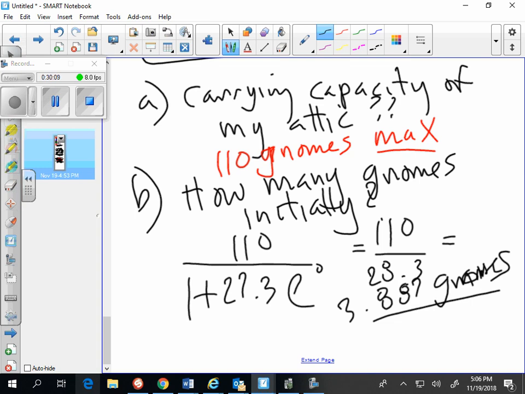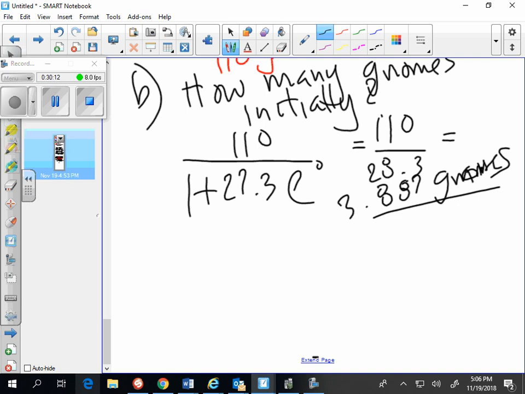Okay, and how about we find that inflection point? Let's find that inflection point.